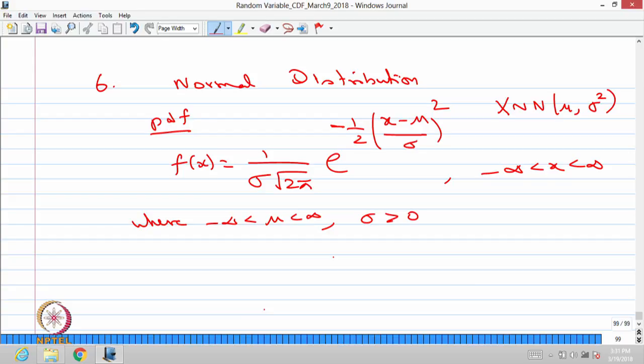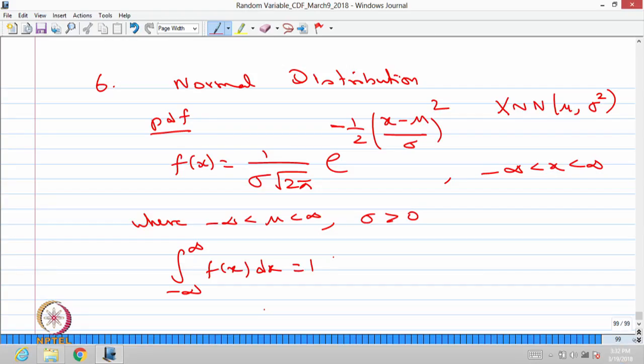You can verify whether this is a probability density function by checking that the integral from minus infinity to infinity of f of x dx equals 1. Since it is an even function, you can use calculus, in particular improper integrals, to evaluate this integration, and conclude that it is 1.